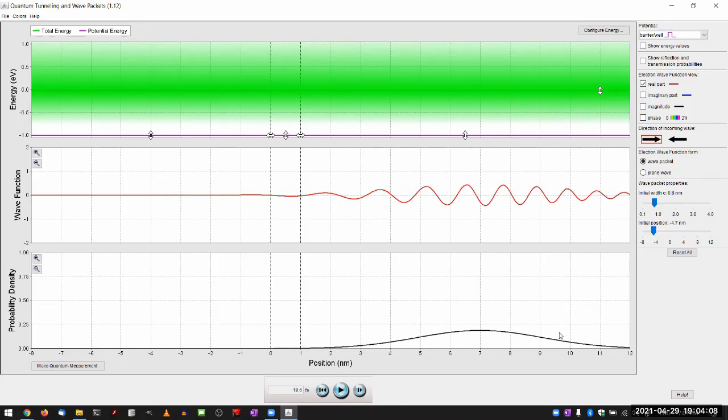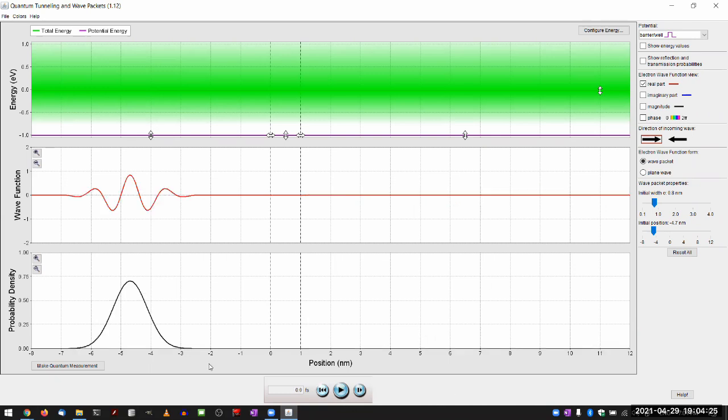It spreads out because here it's simulating an electron. So it's a particle with a mass, and so its momentum is related to its velocity by mass times velocity. That's the momentum. So when it had this well-defined position, it had a rather significant uncertainty in momentum, as represented by this spread in energy.